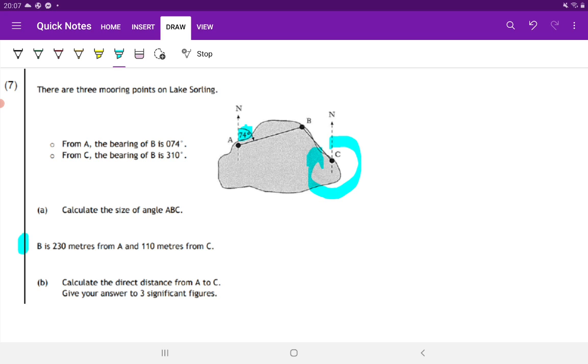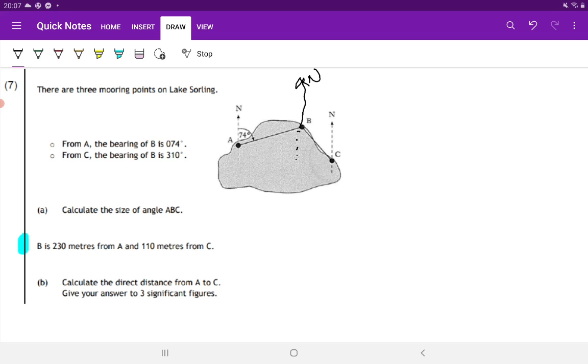The first thing I notice is that there isn't a north line on B, so that's the first thing I'm going to do: put a north line onto B. And you'll notice, just to help with this question, because this one is a wee bit trickier, that they've actually extended the north lines.